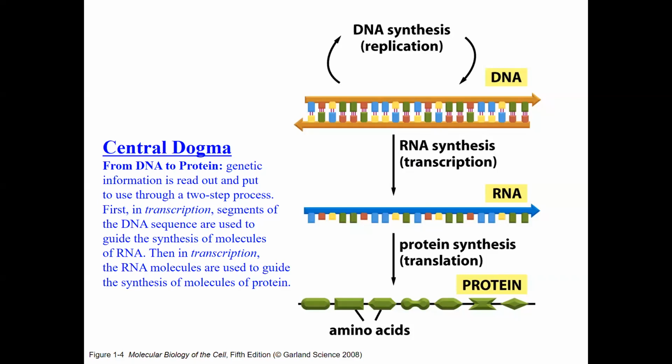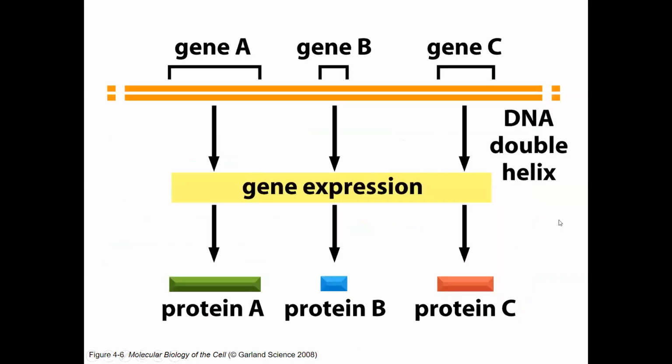This is generally called the central dogma, and you must remember it. Here you can see gene expression, for example, gene A, gene B, gene C. There are lots of genes in, for example, the human genome; 40,000 genes have been identified. So gene expression means ultimately the synthesis of protein, first mRNA and then the protein. Proteins A, B, and C are involved in the function of the cell.